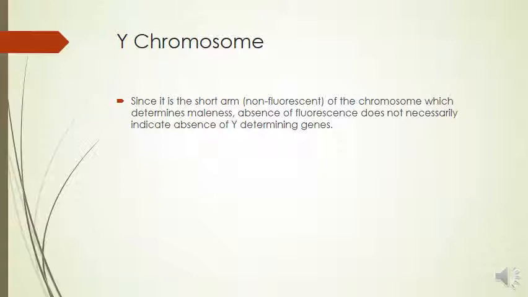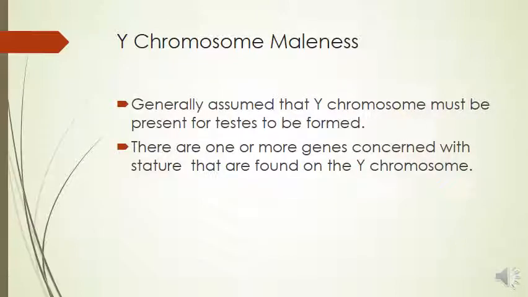Since it is the short arm, the non-fluorescent arm of the chromosome, which determines maleness, absence of fluorescence does not necessarily indicate absence of all Y-determining genes. It's generally assumed that the Y chromosome must be present for testes to be formed. There are one or more genes concerned with stature that are found on the Y chromosome.